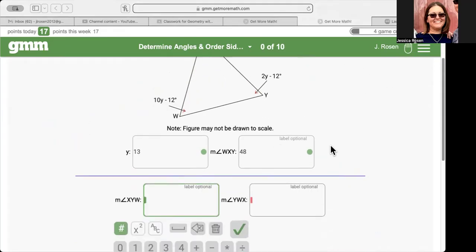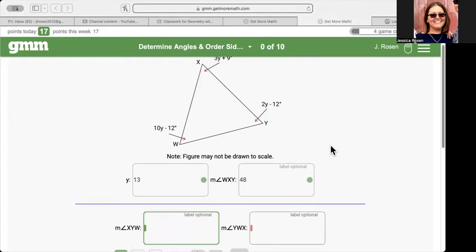So let's see. Oh, wait, it wanted more. Okay, so this is actually a 4-part question. Now it wants the measure of XYW. So XYW is this angle here. So we're going to substitute into that as well. That's going to get us 26 minus 12.